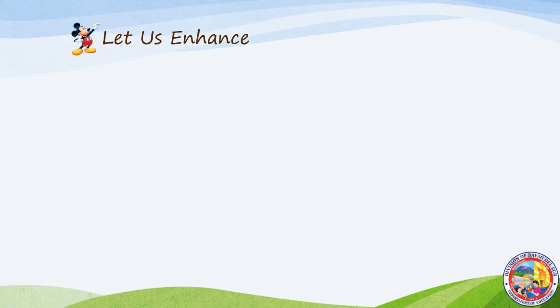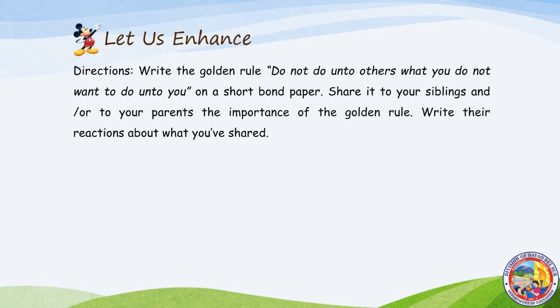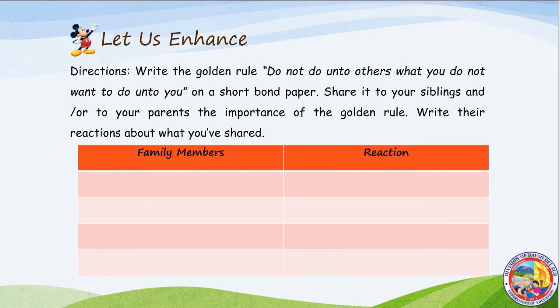For your performance, write the golden rule, do not do unto others what you do not want done unto you, on a short bond paper. Share with your siblings and or your parents the importance of the golden rule. Write their reactions on what you've shared.